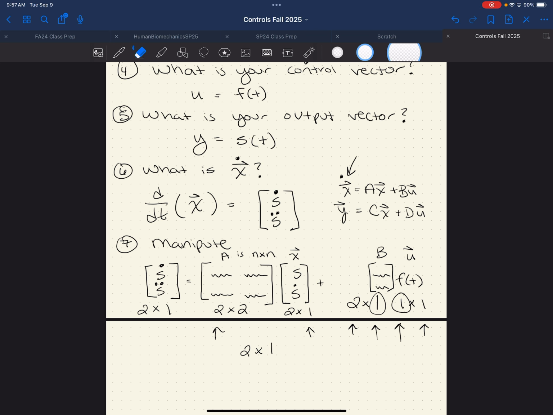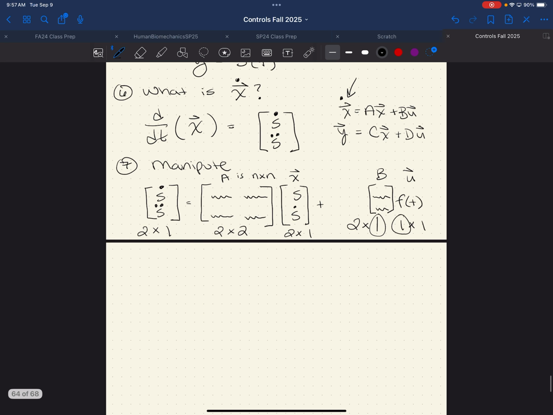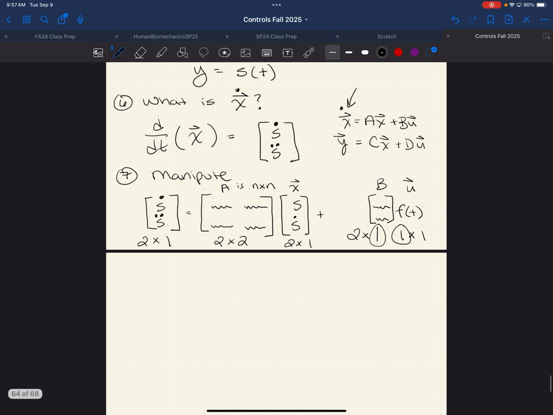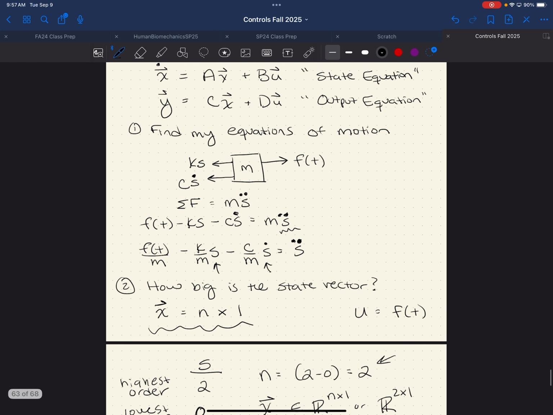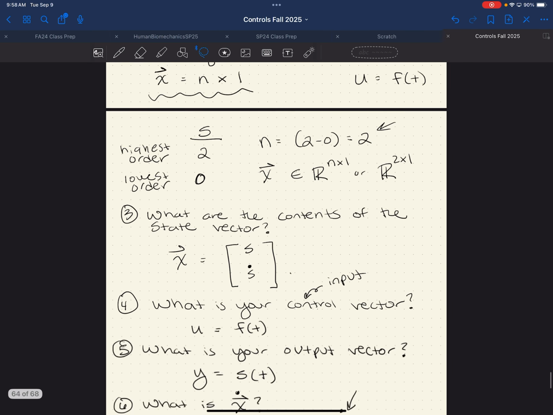All right, I'm going to erase some of these arrow notes. Let me add an additional line to maybe make this a little bit easier. I'm going to pull my equations of motion down so that we can play with them a little bit more. Copy.